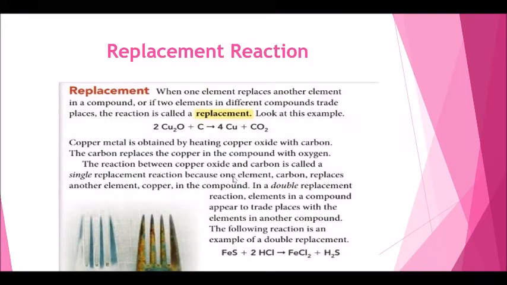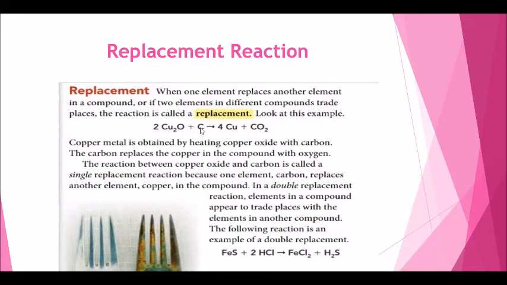In the last type, we have a replacement chemical reaction, which is divided into two types: single replacement chemical reaction and double replacement chemical reaction. Whether it is single or double depends on how many elements are applying the replacement process.